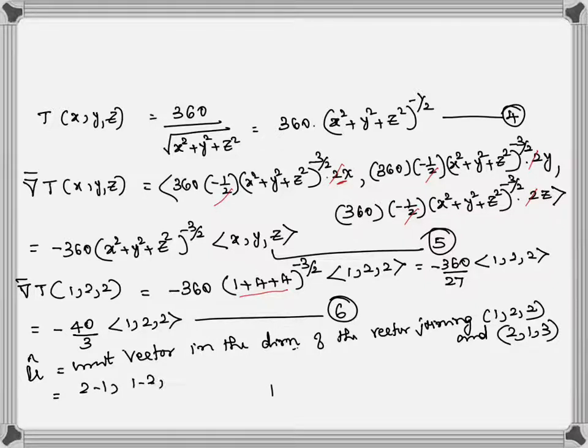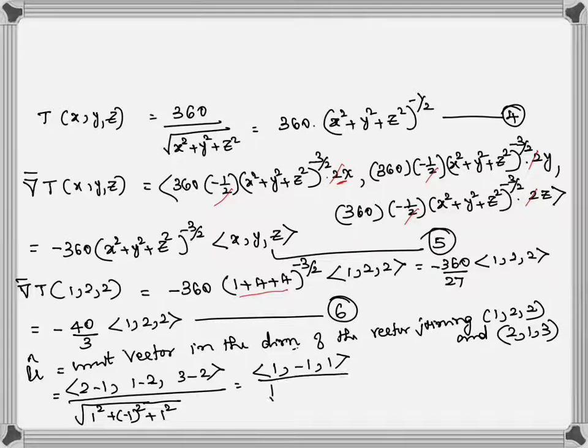So we get 2 minus 1, 1 minus 2, 3 minus 2. We are subtracting the components of the first from the second. Then we take in the denominator the length of the vector. So it is 1 square plus negative 1 square plus 1 square. So it's 1, negative 1, 1 divided by square root of 3.